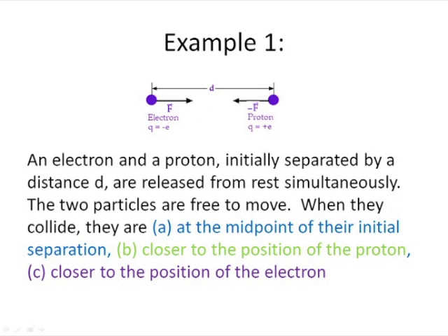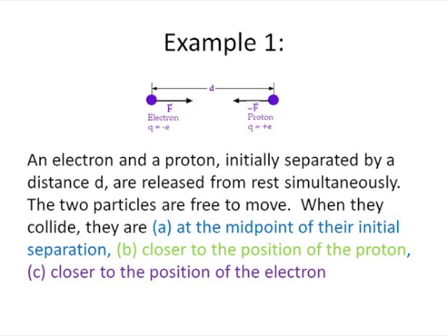Let's take a look at a conceptual example of two charges. An electron and a proton, initially separated by a distance d, are released from rest simultaneously. The two particles are free to move.